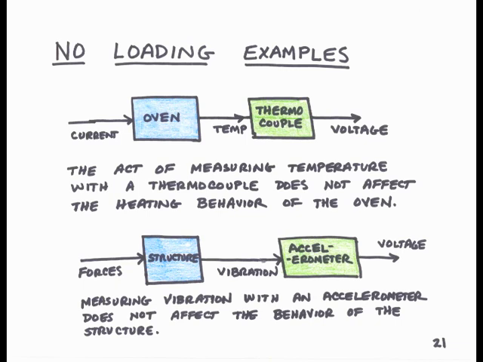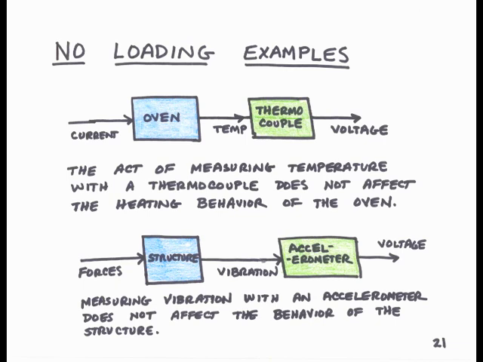It has the temperature as an input and produces a voltage as an output, which is read on a display. The act of measuring the temperature with a thermocouple does not affect the heating behavior of the oven. The oven responds to the current in the same manner as if the thermocouple was not present. The dynamics are unchanged.